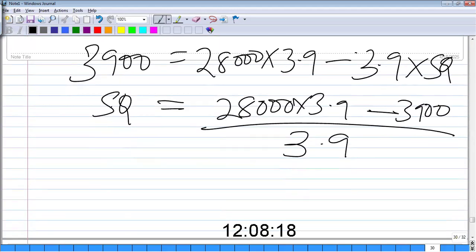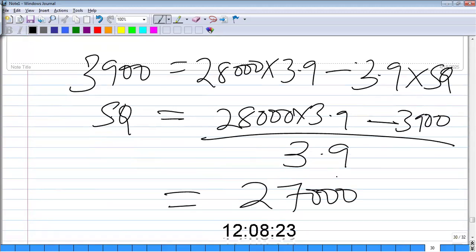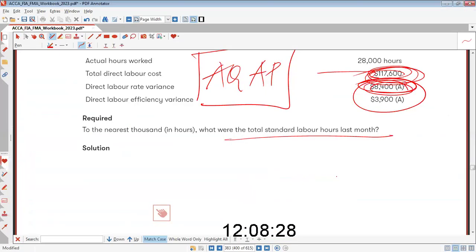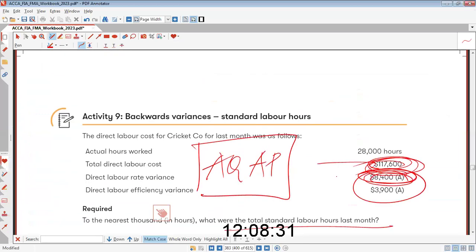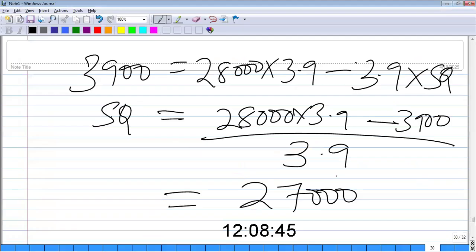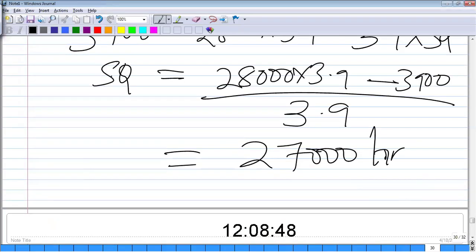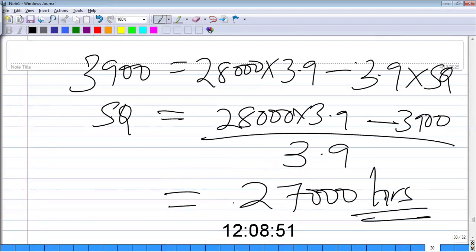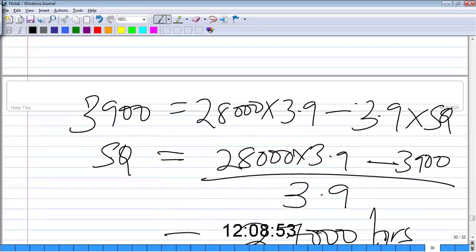That gives 27,000. So 27,000 are hours. The standard hours worked last month were 27,000 hours.